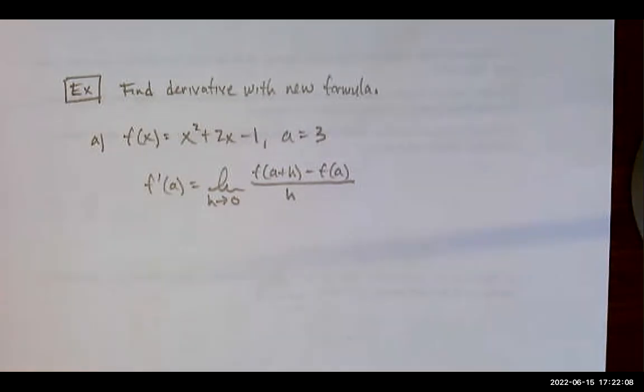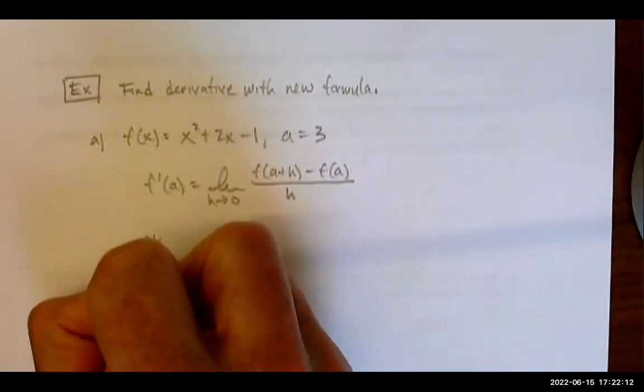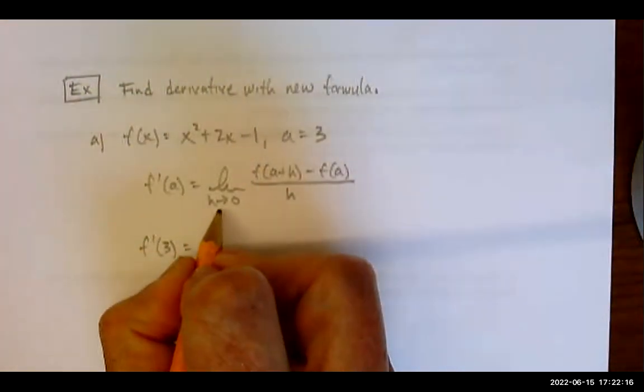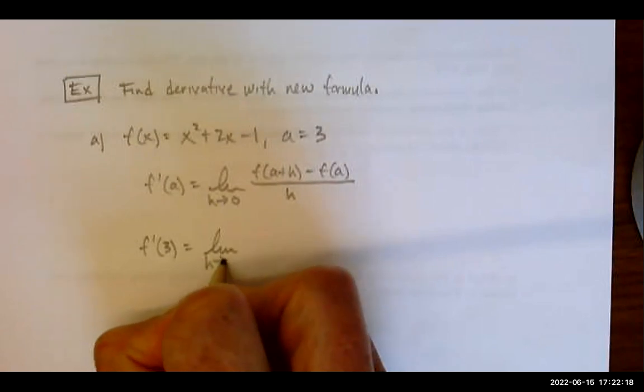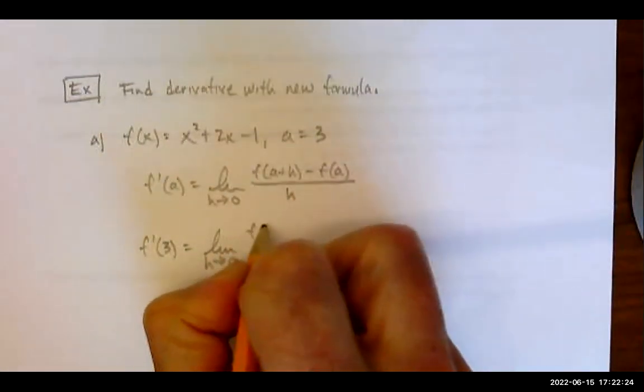Okay, let's see what happens. First thing, I'm just going to replace all of the a's with 3. Notice the limit is always h approaches 0. That never changes. A is not involved in that.